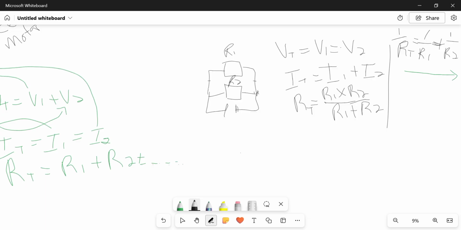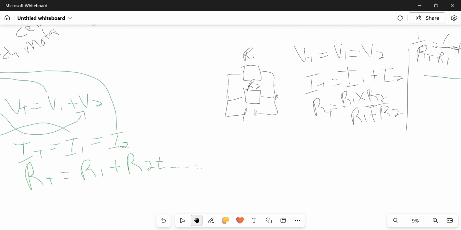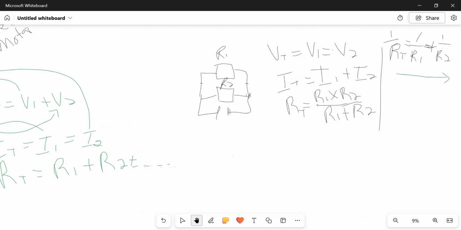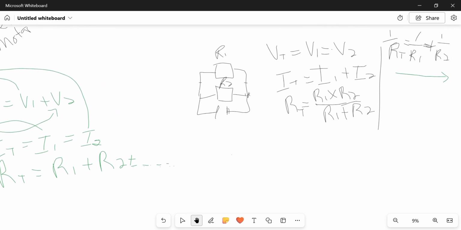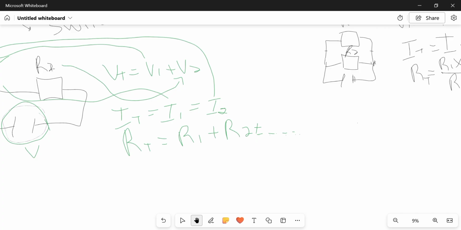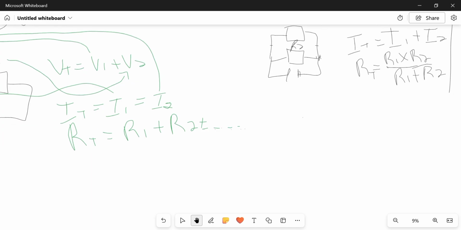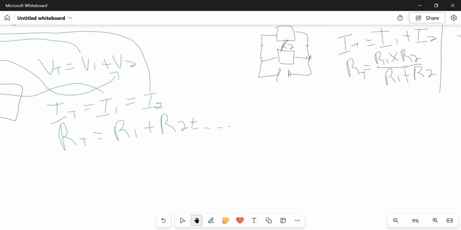And in a series combination, the current is constant. So you have to look at those. Then in a parallel, the current is shared. And in a series, the voltage is shared. You see? So yeah, they go like that, and the resistance is not constant.